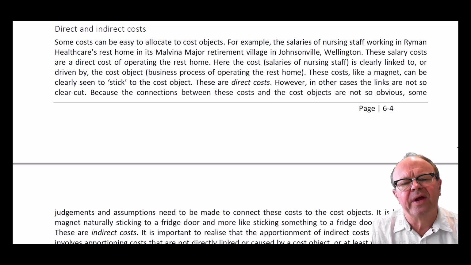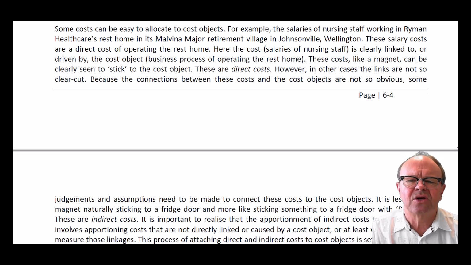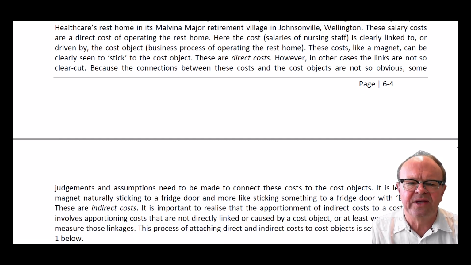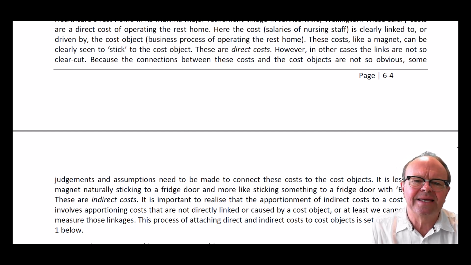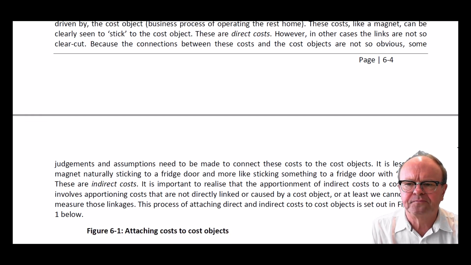These are direct costs. However, in other cases, the links are not so clear-cut. Because the connections between these costs and the cost objects are not so obvious, some judgments and assumptions need to be made to connect these costs to the cost objects. It is less like a magnet naturally sticking to a fridge door, and more like sticking something to a fridge door with blue tack.